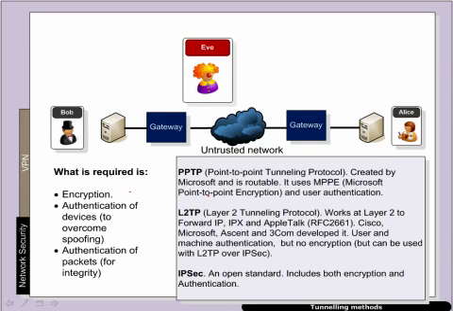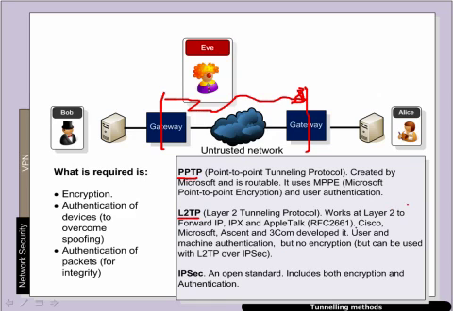So the typical methods that we use are point-to-point tunneling. In this case, we tunnel from one place to another, we encrypt the data, and we tunnel through the network so that no one can actually interpret the data that is sent. Layer 2 tunneling protocol is another one.